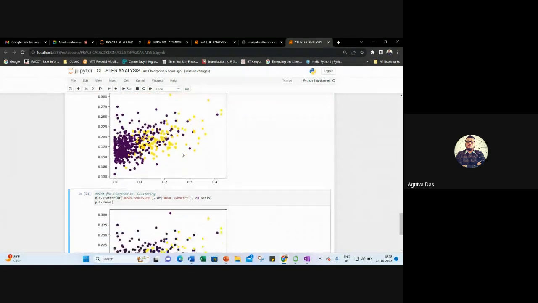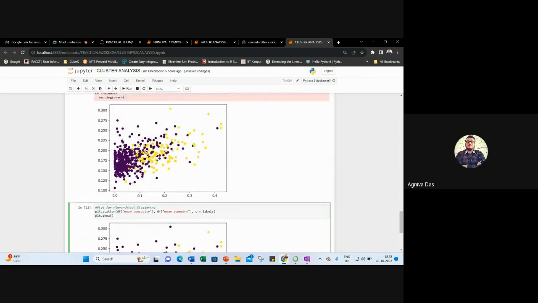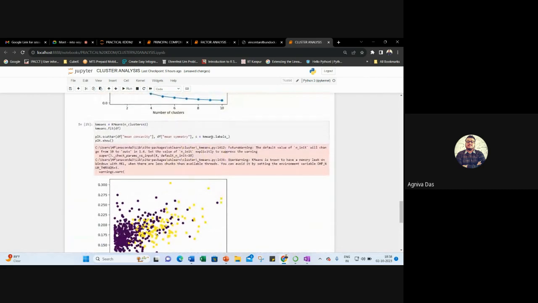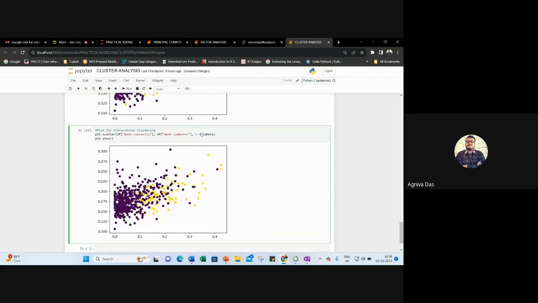right? The same goes for hierarchical clustering. What we do here, we will take the labels, but the labels that were made on the basis of hierarchical clustering, not that of k-means. This one was done by k-means labels. My one was done by the label that we had procured from hierarchical clustering before.